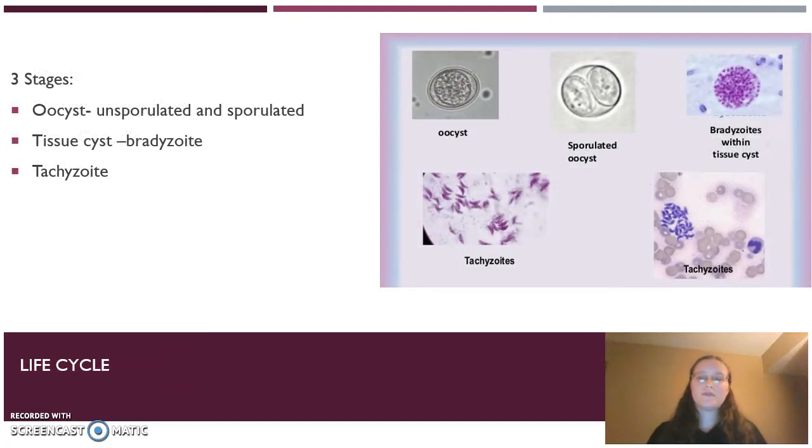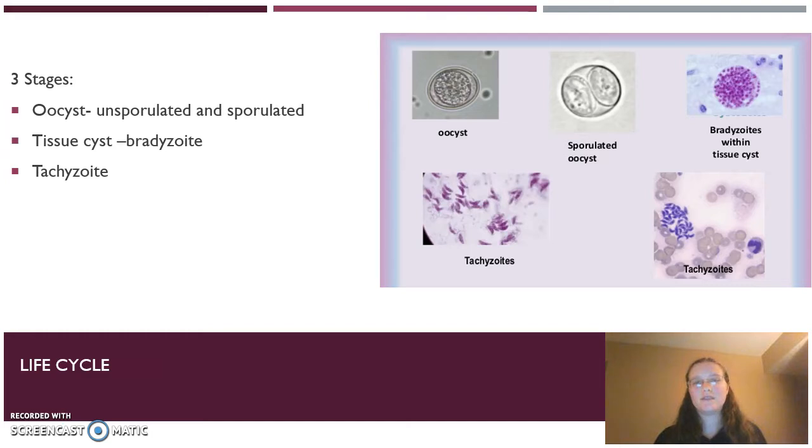The life cycle of Toxoplasma gondii occurs in 3 stages. The first stage is right after sexual replication, so it is only formed in felines. This is the oocyst, and it is found in both unsporulated and sporulated forms.